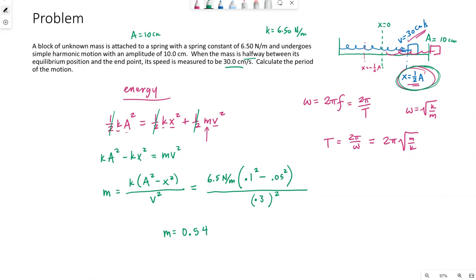0.54. Since we have 3 sig figs given in the problem, I'm going to take this value out at least one more than that, since I'm not at a final answer, and then round to the 3 sig figs at the very end.